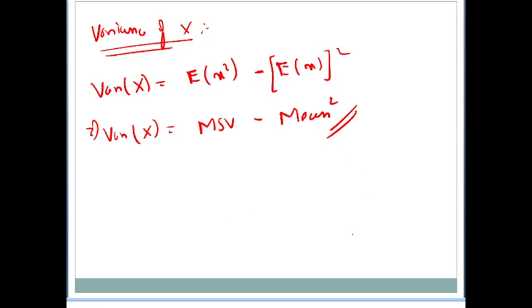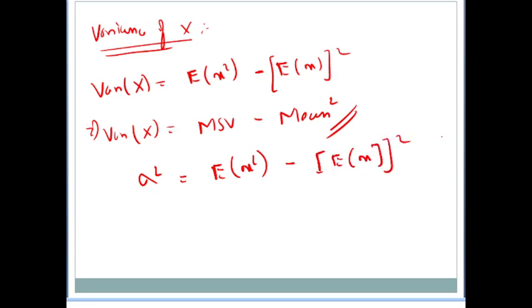The variance will be denoted by sigma square. Therefore sigma square is equal to the mean square value minus the square of the mean. Okay, now let's study the standard deviation.